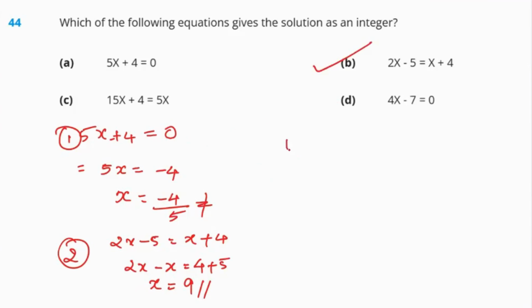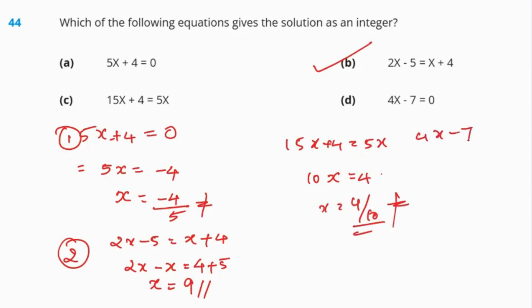In the third case, 15x plus 4 is equal to 5x, so 10x is equal to 4, or x is equal to 4 by 10. In this case also, this is not an integer.